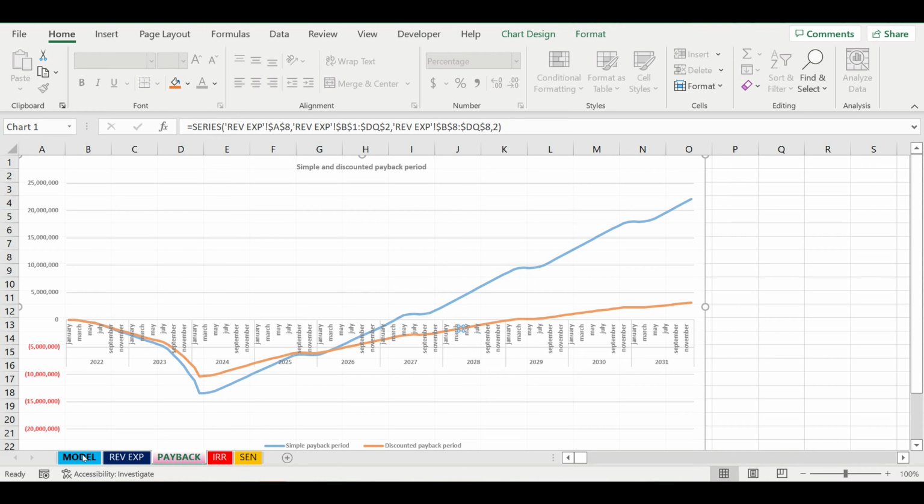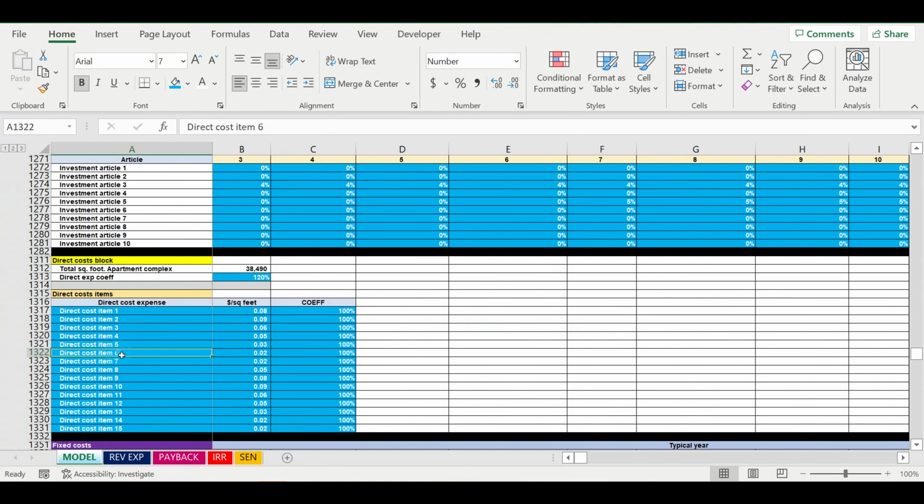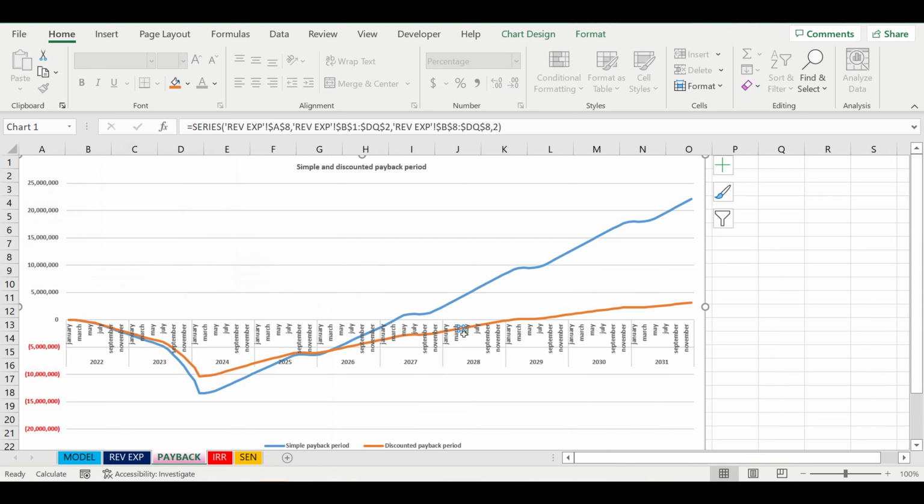And for example, we just want to see what will happen if a specific direct cost expense, like this one, additionally rises by 30%. And we can go to the diagram and see what the performance of the business will be.